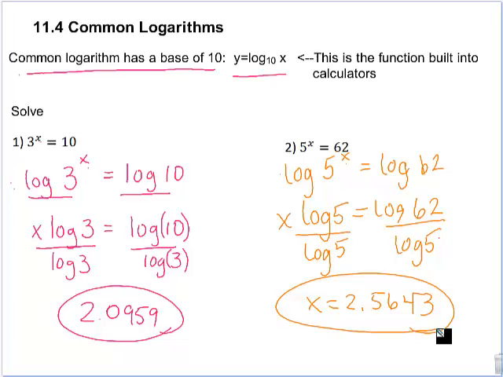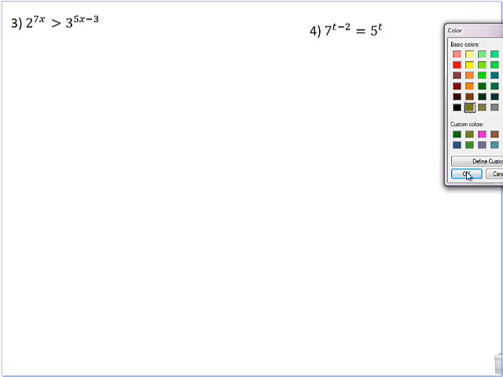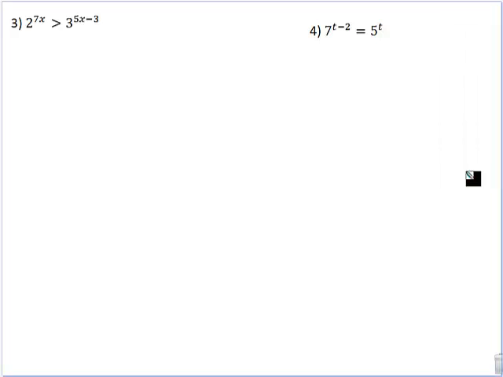All right, moving on to some other types of problems. This is the same idea, except now both sides of the equation have an exponent. So we're going to have to use our properties of logarithms on both sides.